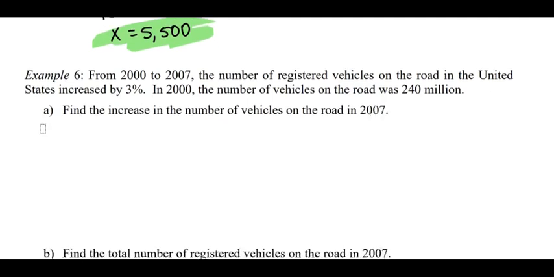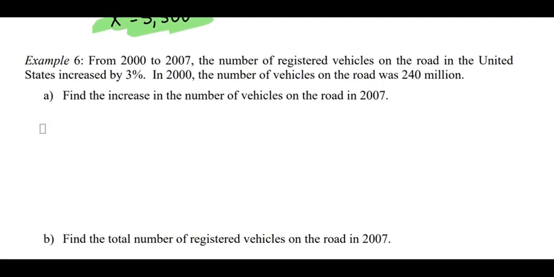All right. From 2000 to 2007, the number of registered vehicles on the road in the United States increased by 3%. In 2000, the number of vehicles on the road was 240 million. Find the increase in the number of vehicles on the road. So what it's asking you to do is basically find 3% of 240 million.